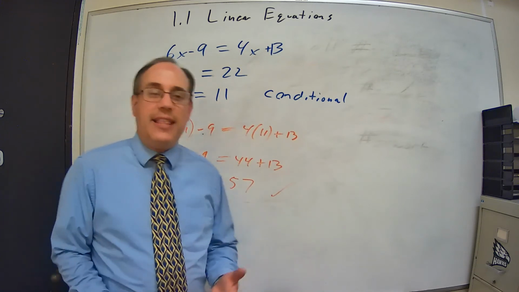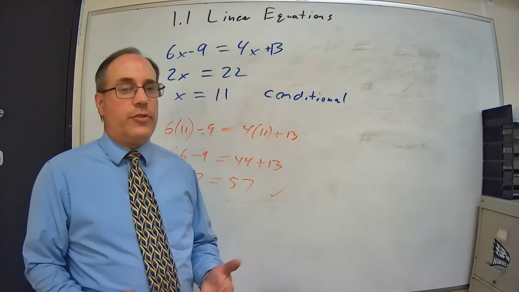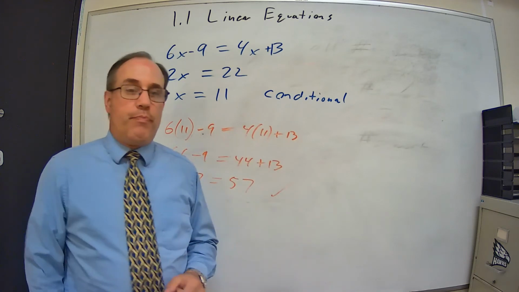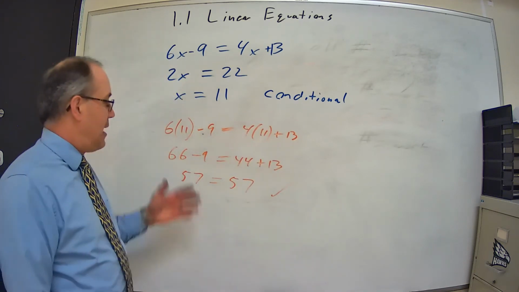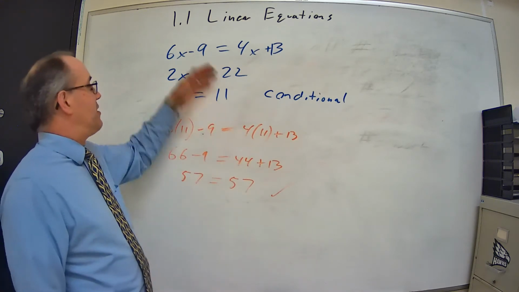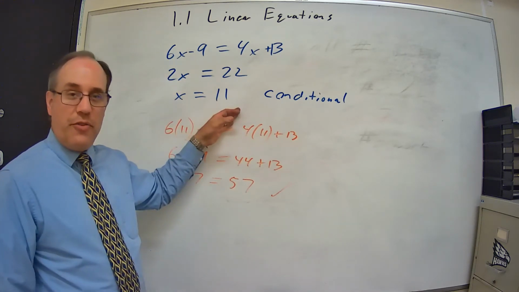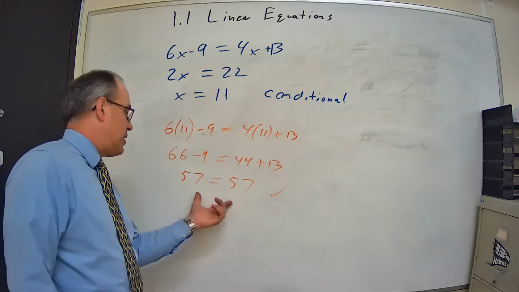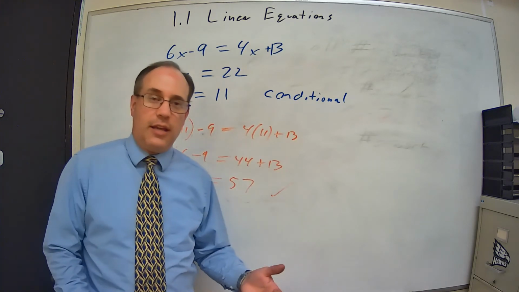Now, I say that and you may be looking going, well, Mr. Davis, obviously you already found it was conditional. But it's a regular occurrence. I see people do their check, they come up with a value, x equal to 11, and they go, oh, look, it came out to be a true statement, it's an identity.